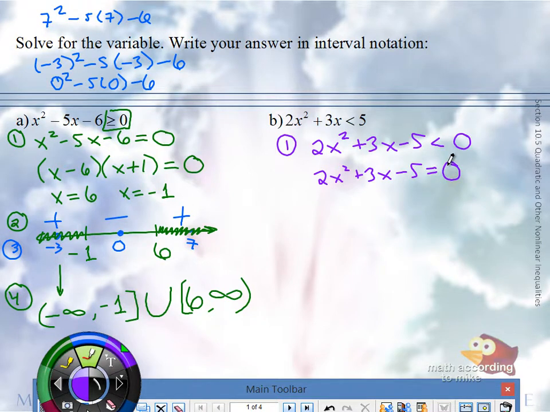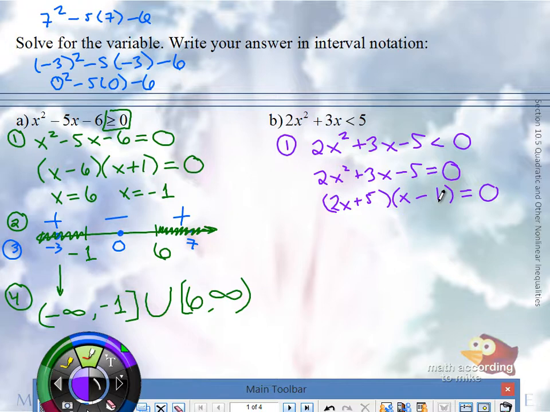And we're going to solve for the variable. How does it factor? Let's see, 2x plus 5, x minus 1.